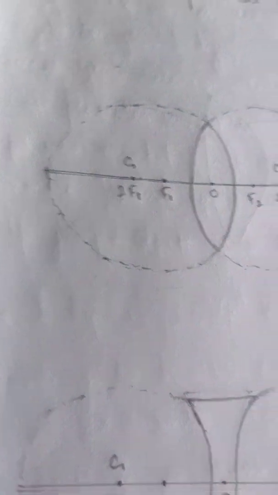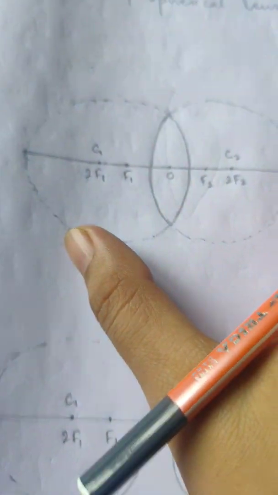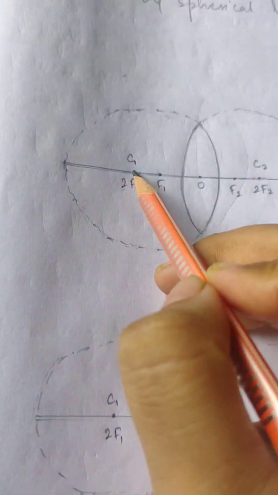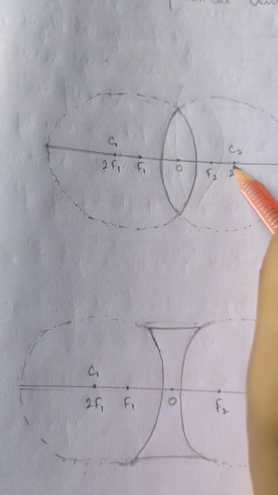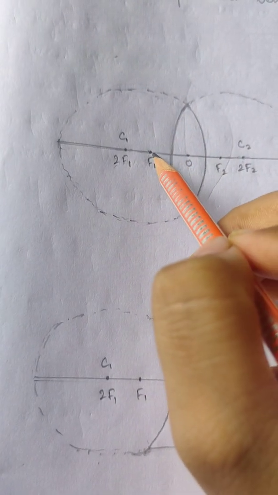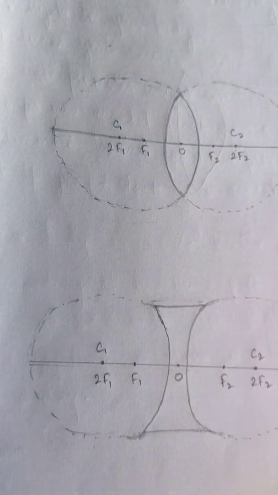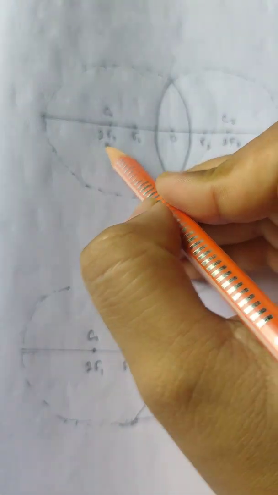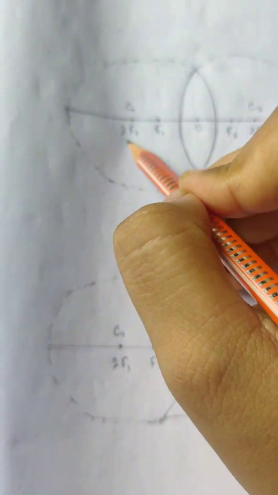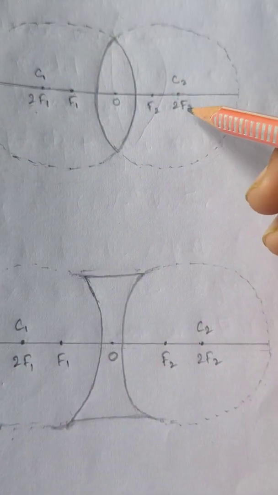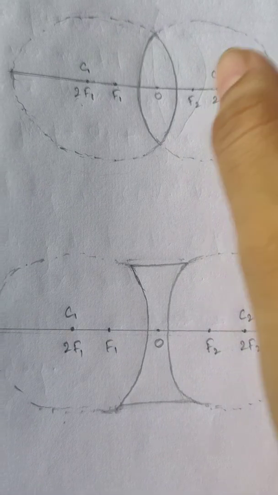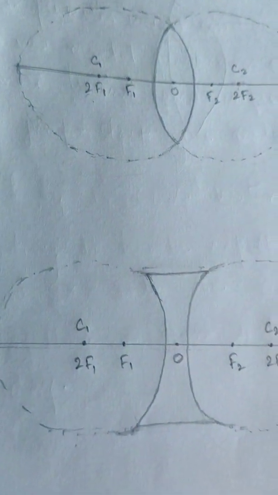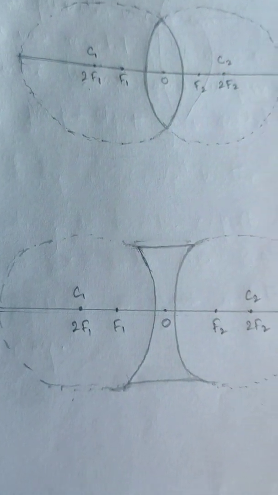But in this case, since we have two circles, there are two curvatures, C1 and C2, and then focus 1 and focus 2. Here the slight difference is that we also name C1 as 2F1 and C2 as 2F2. This is only the name we give for convenience. You can write C1 and C2 also.